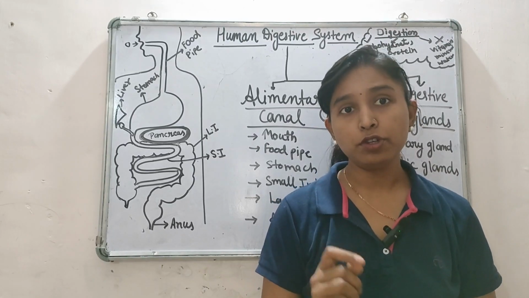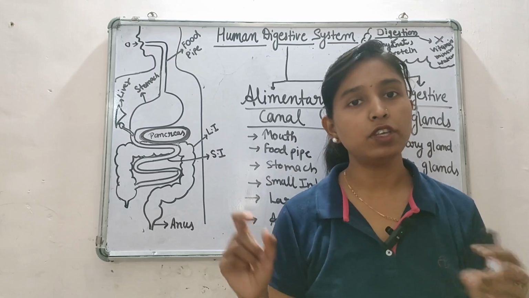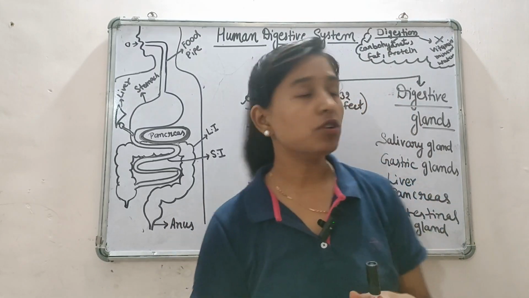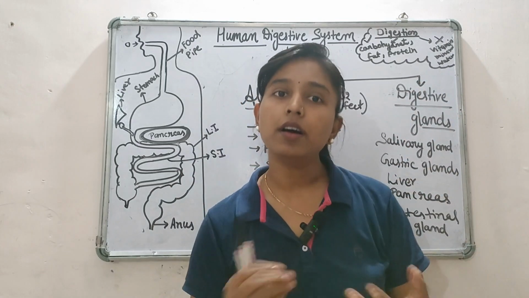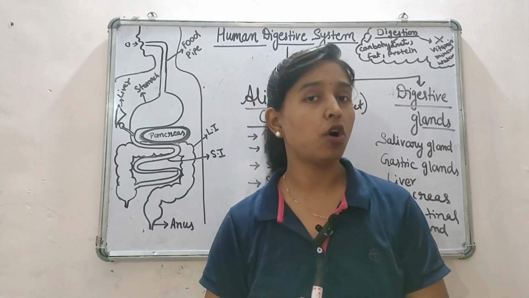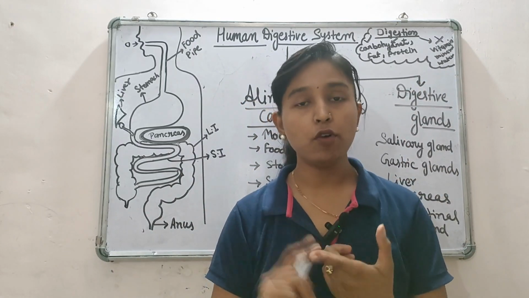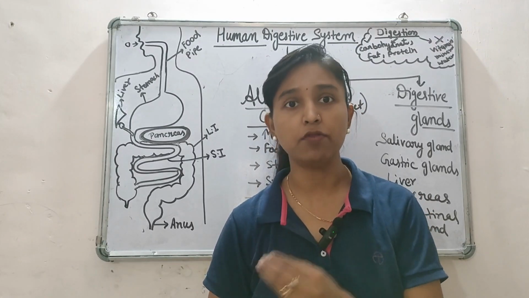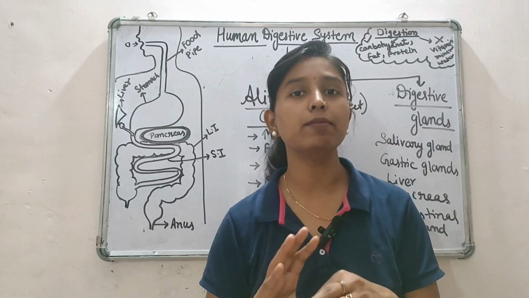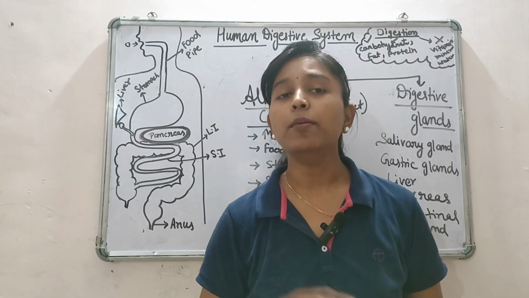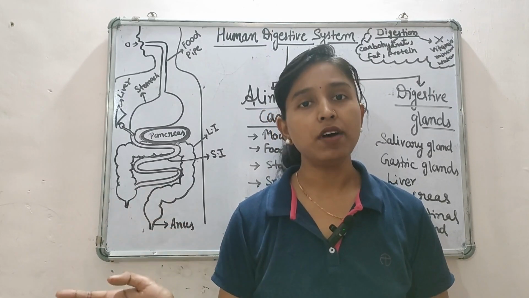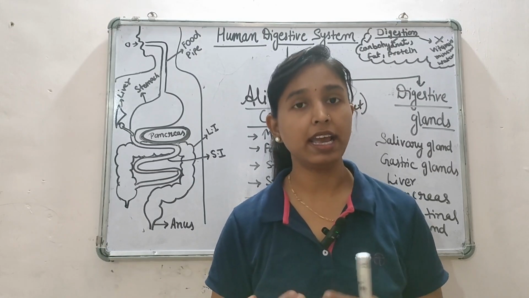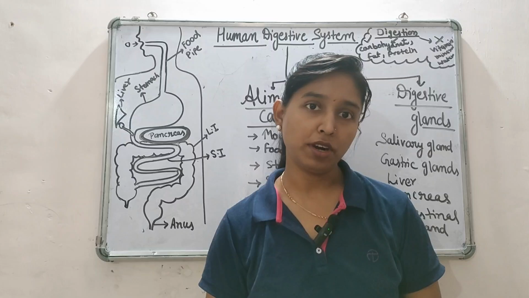Remember, digestion is the breakdown of the complex components of food into simpler components. These are already in their simpler form, so they can directly be absorbed by our body.